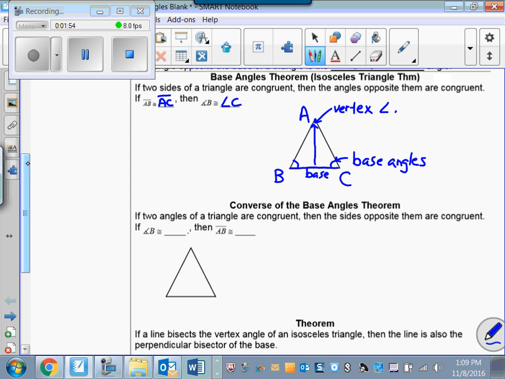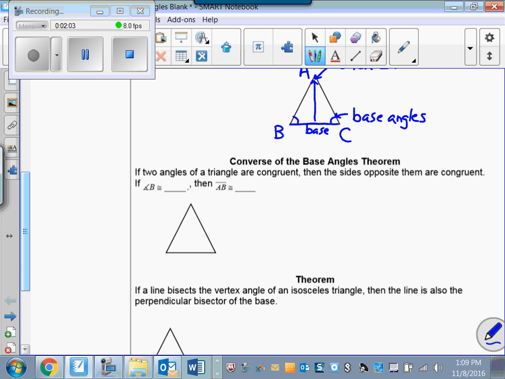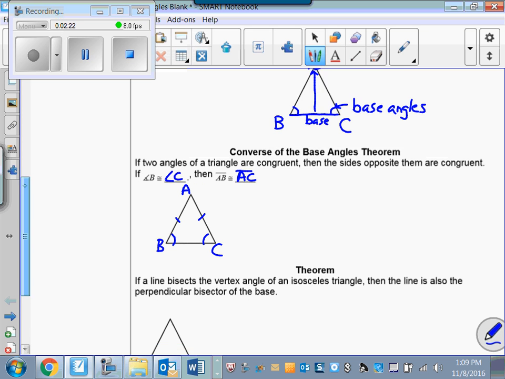And then of course there's a converse of that. The converse would be that if I know those two angles are congruent, then I know the sides opposite them are congruent. So once again, ABC, if angle B is congruent to angle C, then I can say that AB is congruent to side AC. So that's the converse of the base angles theorem, or as this textbook calls it, the isosceles triangle theorem.